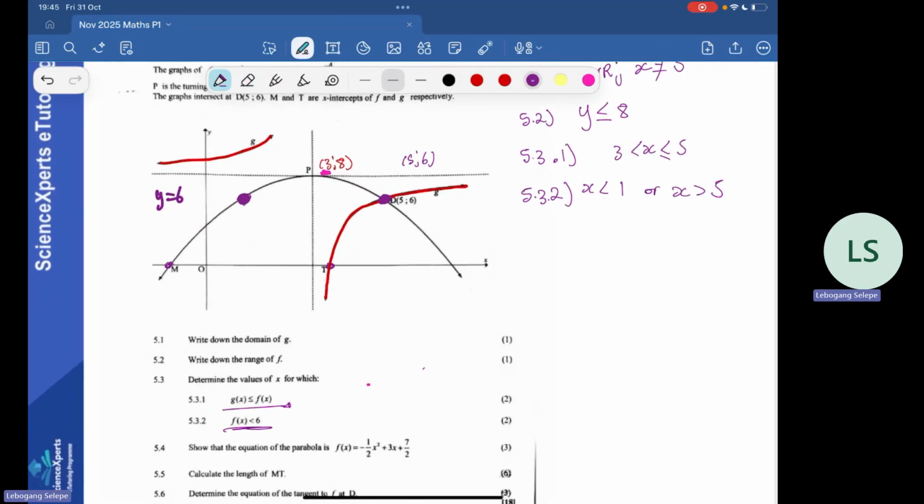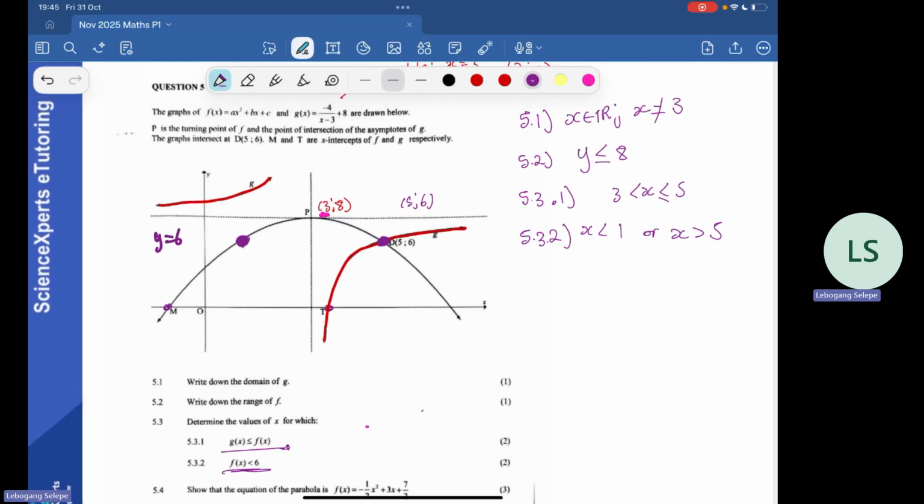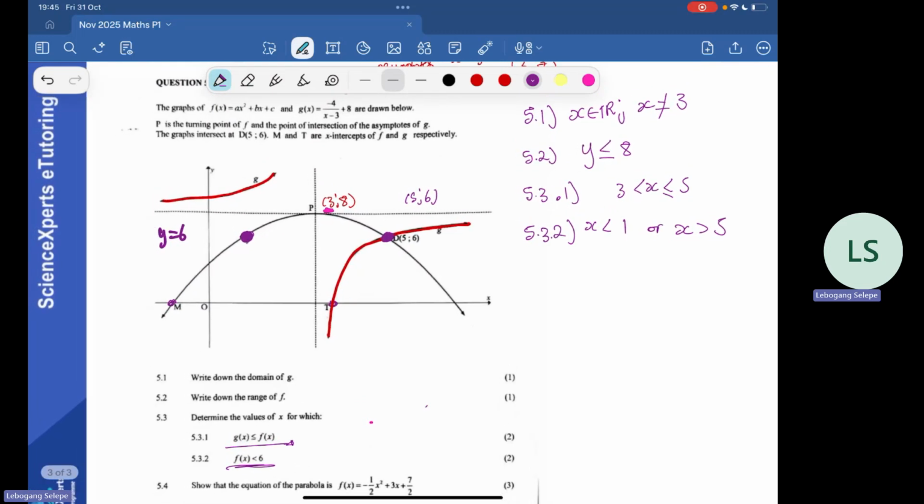Show that the equation of the parabola is that. Now this is a very straightforward question. So we have the turning point and another point, so we can find the equation of the parabola, right? We can find the equation of the parabola.